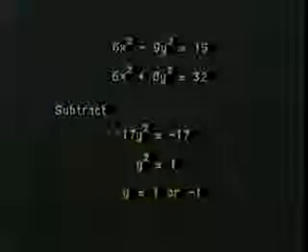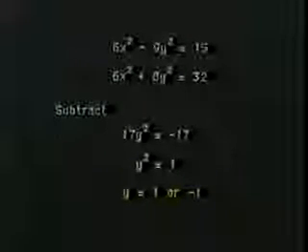So now I can subtract them to leave y by itself, the same process we used with elimination in linear equations. All of which tells us that y equals positive or negative 1.